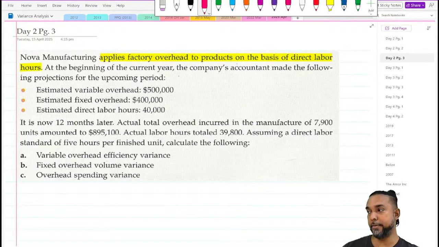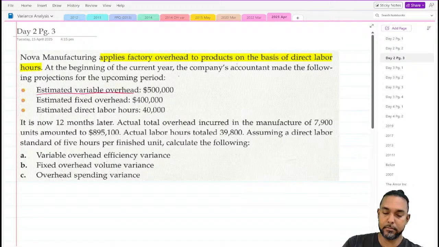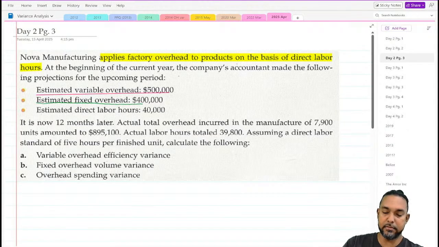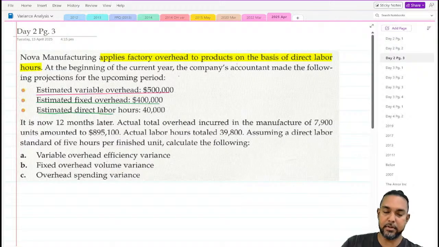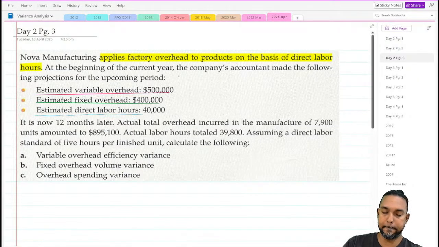I'm seeing it says estimated variable overhead 500,000. That's the first one there. Estimated fixed overhead 400,000. And estimated direct labor hours.